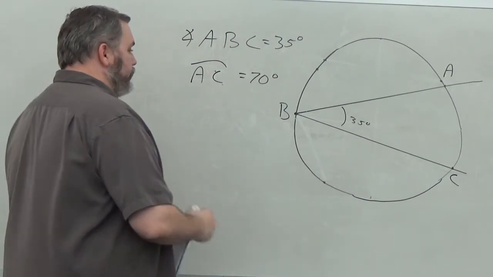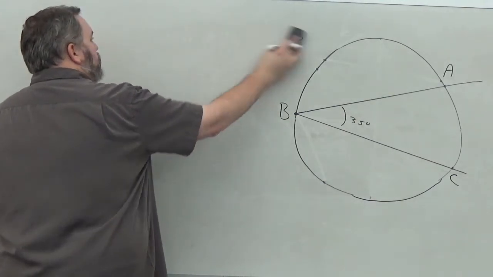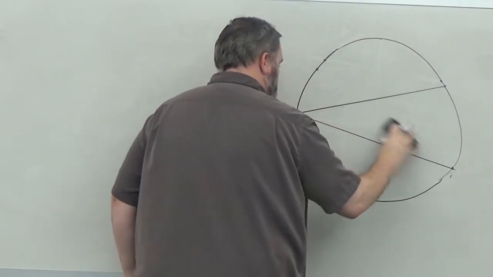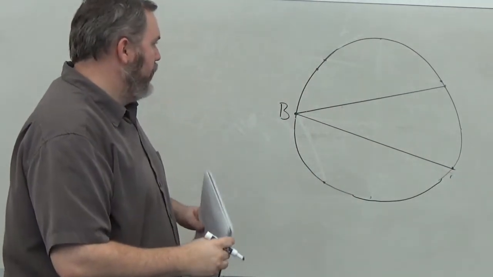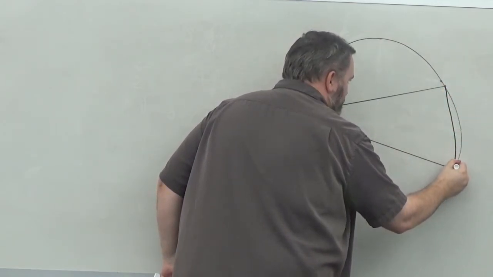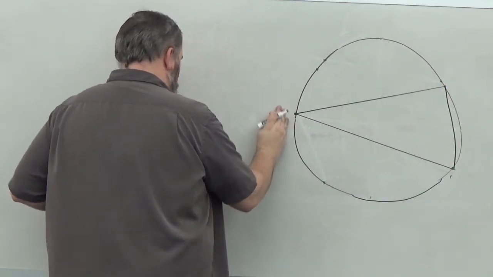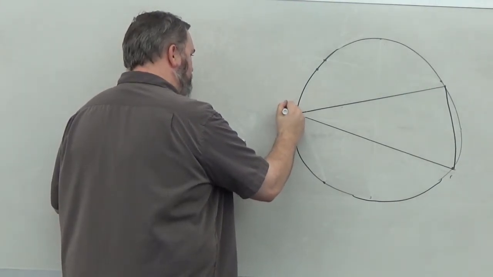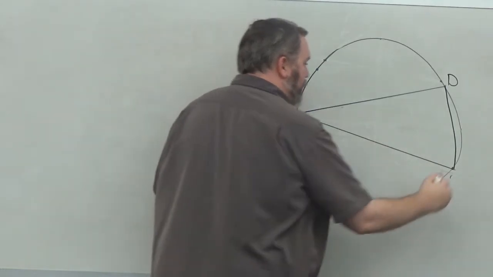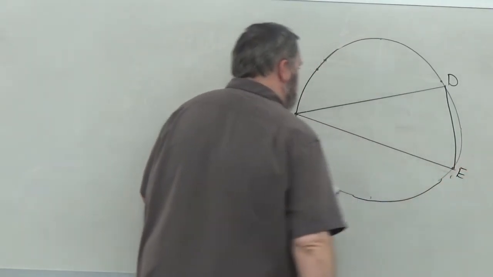All right, one more. All right, so we have this shape. And I'm going to put, just to confuse you, I'm going to put another line here. So I have 3 chords, and I'm going to call this one E, this will be D, and this will be F. All right?